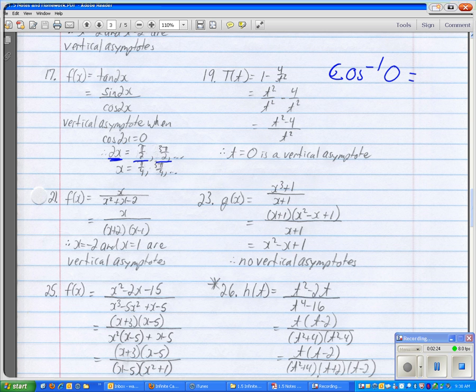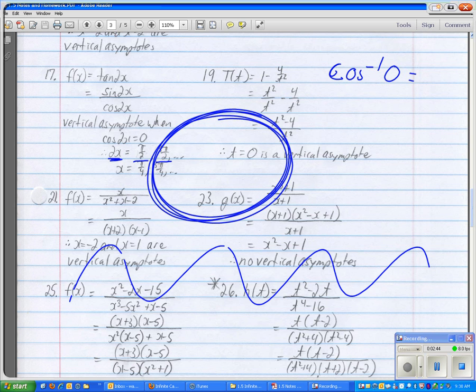Anybody remember doing that? Well, since it's a periodic function, you're going to keep getting angles where the cosine is 0, because if you're on a unit circle, you just keep going around. If you're on a graph, you just keep doing this.